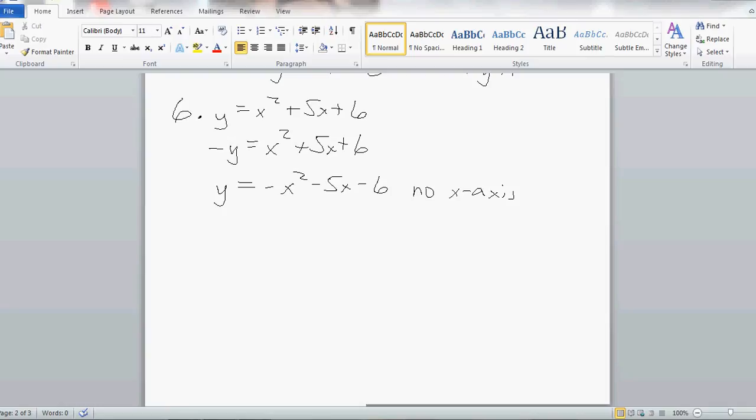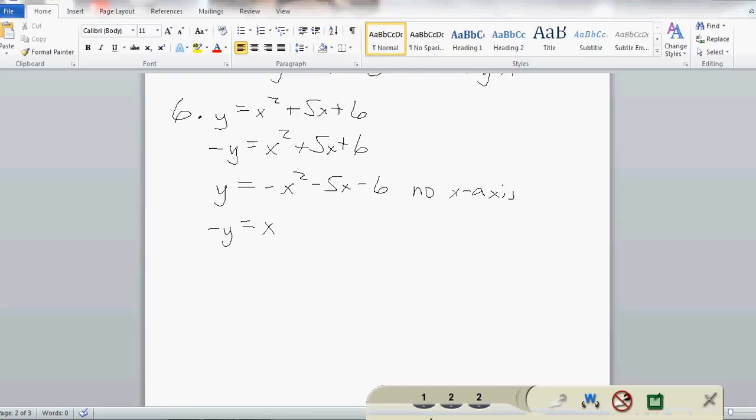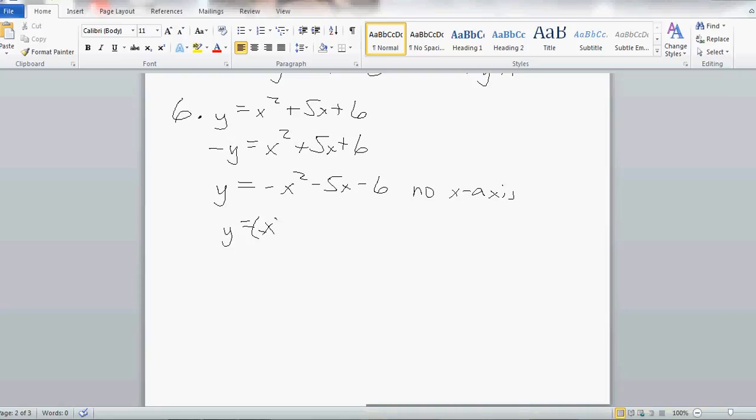For the y-axis symmetry, we let y equal negative y. Oh, I'm sorry, we let x equal negative x. So it'll be negative x squared minus 5 times negative x minus 6, or y equals x squared plus 5x minus 6.